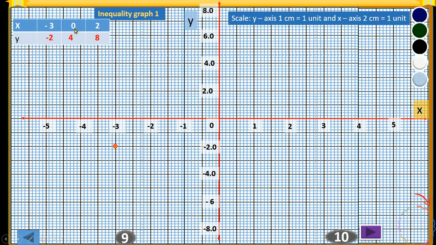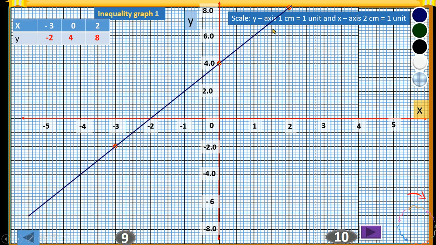When x is equal to 0, y is 4. x is 0 here along the y-axis, then y is 4 along that point too. When x is equal to 2, y is 8. x is equal to 2 here, and y will give us 8 at this point. So now we have the points plotted. We are going to join these points with a straight line.